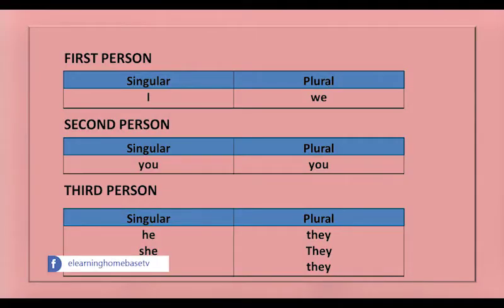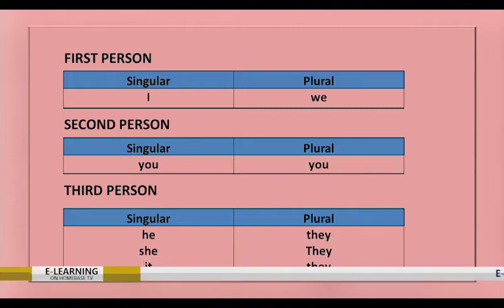So we have the first person singular pronoun as I, talking to one person, myself, I. When it is two or more, we have we as the first person plural that is being projected on your screens. Again, we have the second person. We have you. The same also refers to the plural as you. We also have third person. We have he, she, it. The plural becomes they. Good.